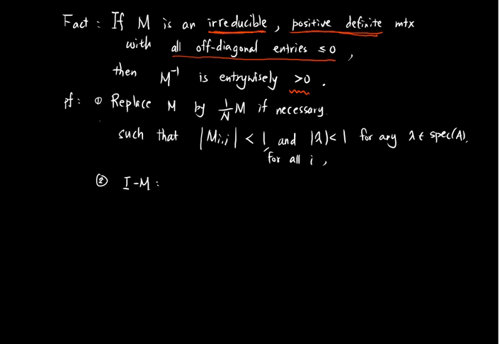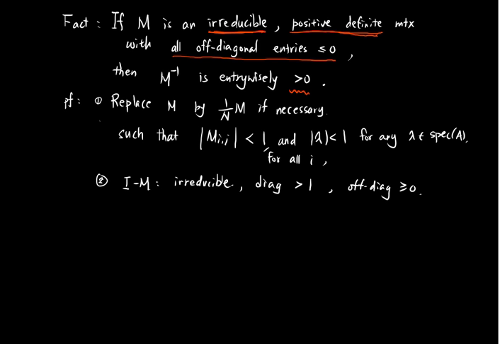This matrix is still irreducible, and it has positive diagonal entries, and also its off-diagonal entries are greater than or equal to 0. So this is a nice matrix, and every entry is either 0 or positive, and the diagonal entries are positive.